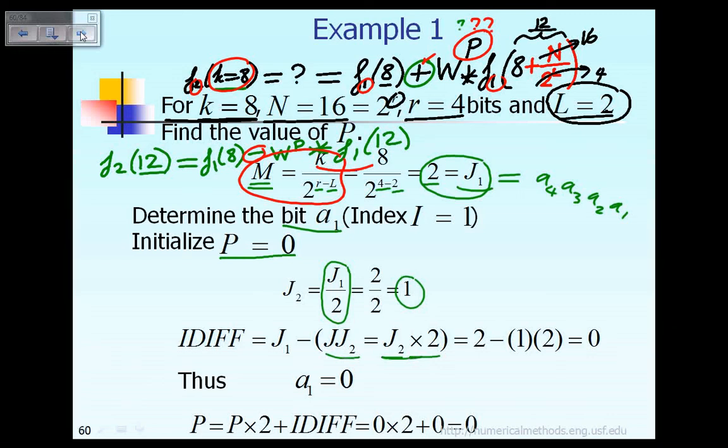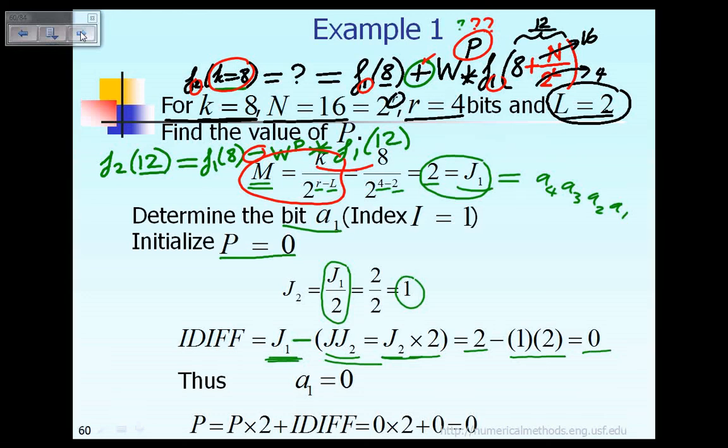Then after that, you take the difference between j1, which is the original value of m, with jj2. So what is the answer? j1 is equal to 2, jj2 is equal to 2 also, because 1 times 2 is 2. So the difference is equal to 0.